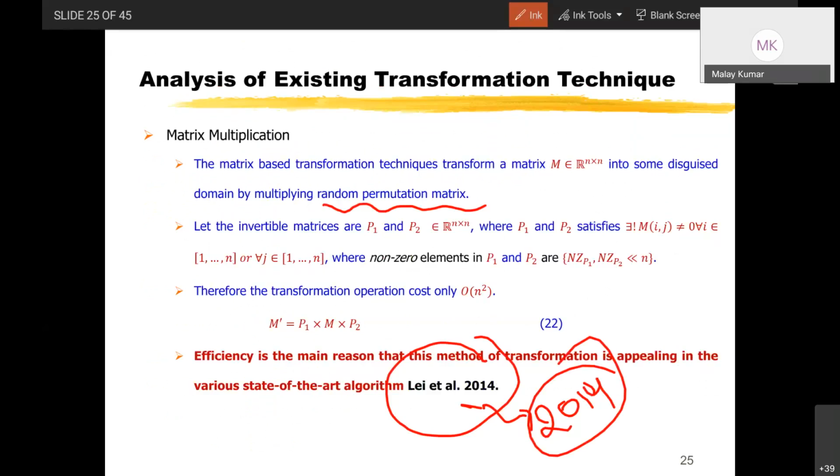While doing the random permutation, it also performs the multiplication, and tries to hide the elements with new elements. In this way what happens.